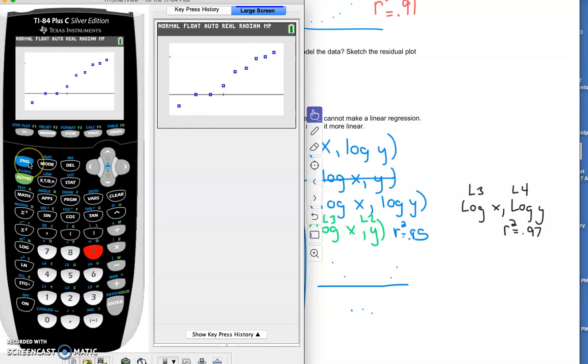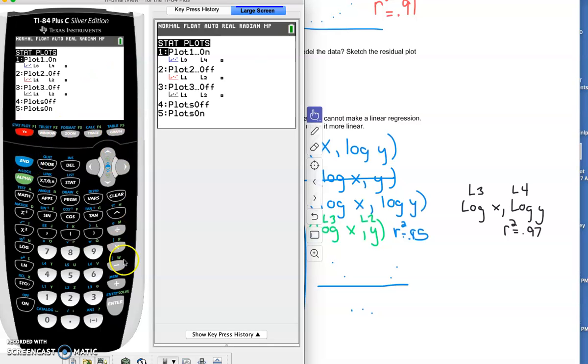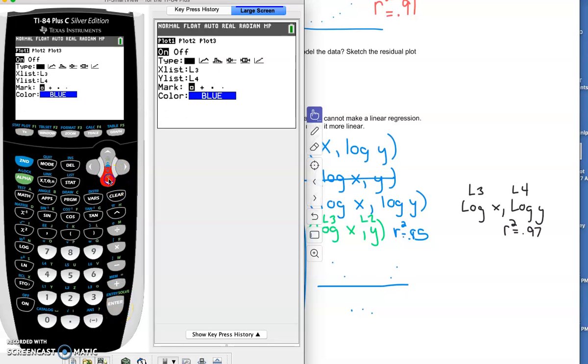Let's look at my residual plot. So again, second stat plot, and my original x's are in L3. My residuals are stored in the background because I did remember to run my regression. Remember, if you don't run your regression, your residuals are not stored. There's option 7. So there I've changed it so the log of x's are in L3 versus the residuals of the last run.